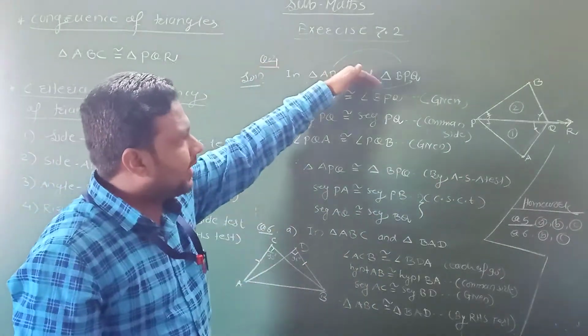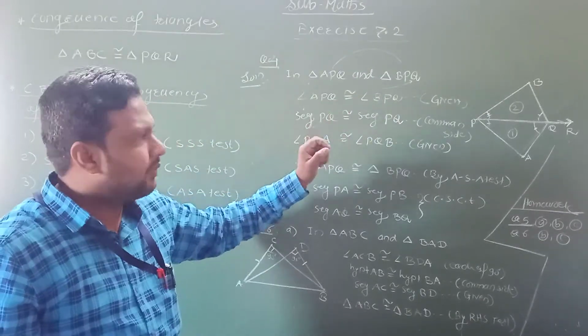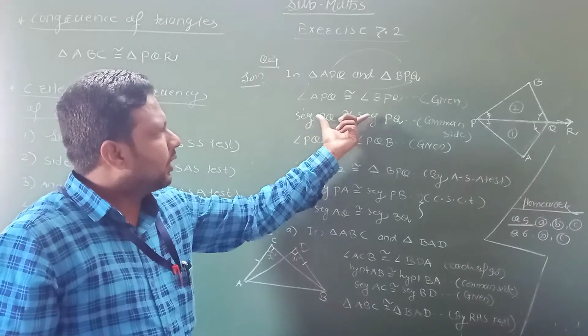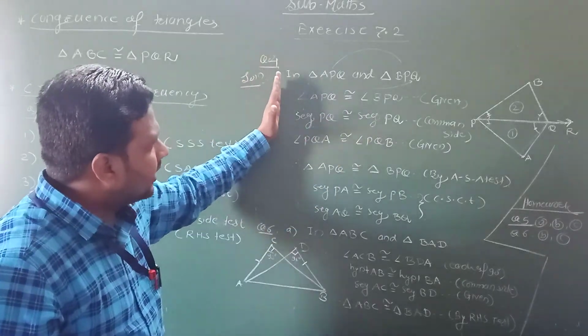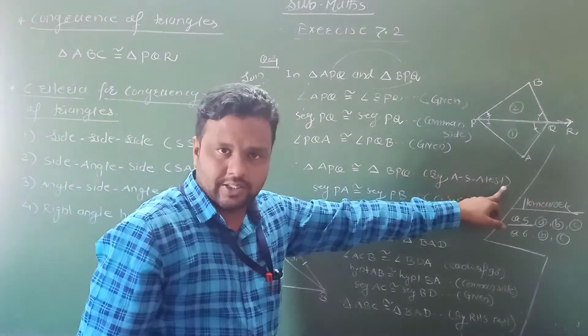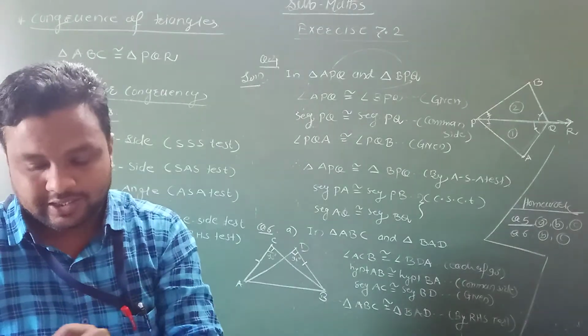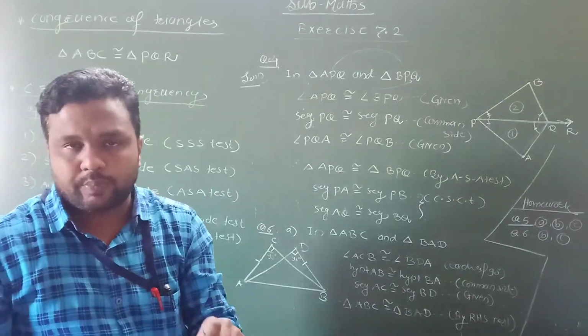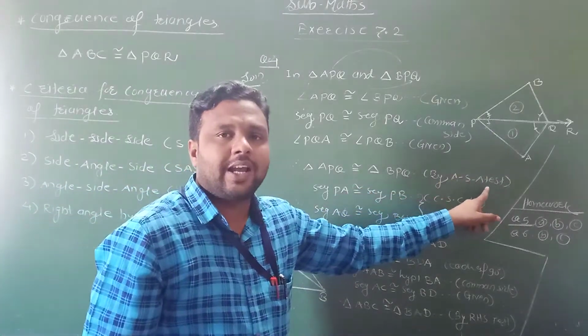Now in these two triangles, three corresponding parts are equal, in which two angles and one side are given equal. Therefore, these two triangles are congruent by the angle-side-angle test. This is the answer to the first and second questions. Is triangle APQ congruent to BPQ? Yes, it is congruent, and by the angle-side-angle test.